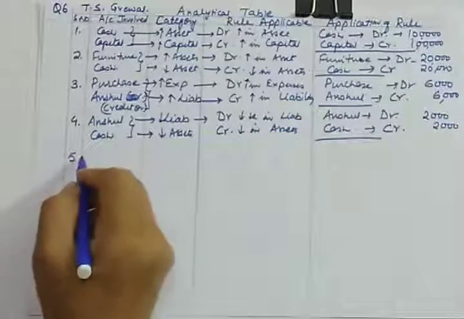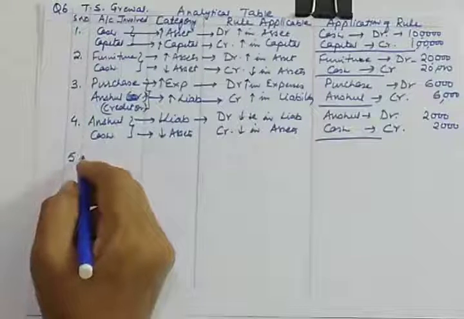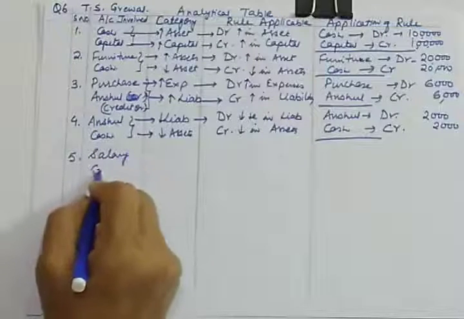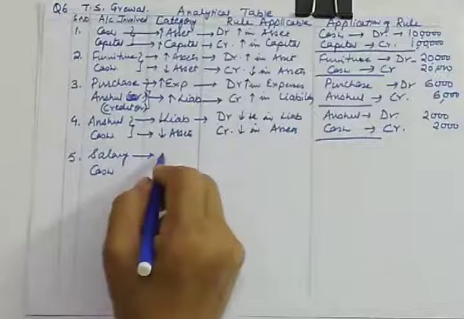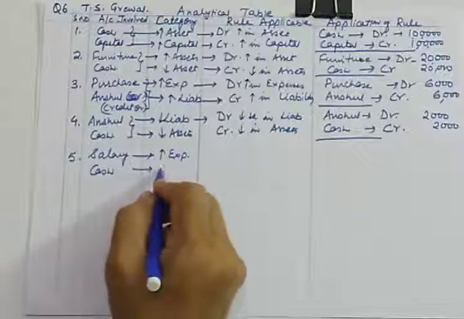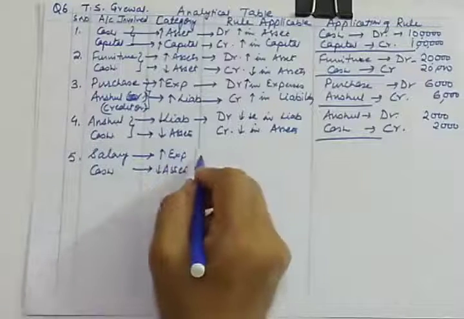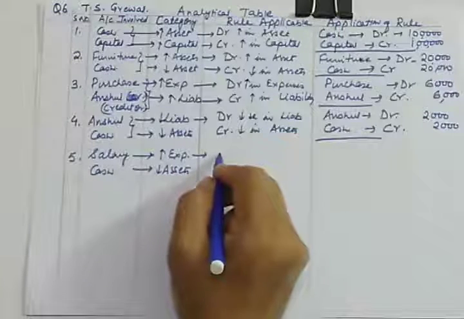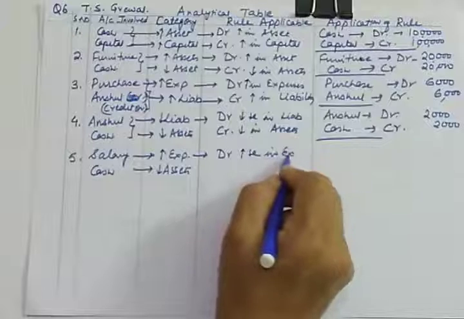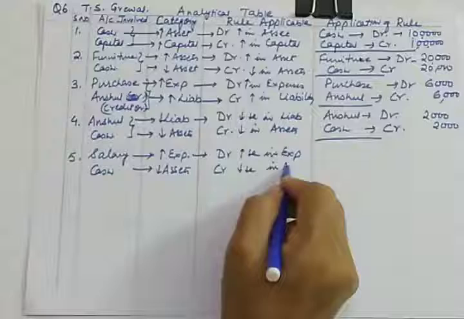Now fifth transaction is paid salary to clerk. So when you paid salary to clerk, one is salary, another is cash. Salary is your expense, increase in expense, and cash is your asset, decrease in asset. So increase in expense, debit, increase in expense, and credit, decrease in asset.